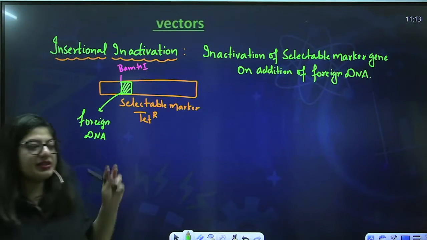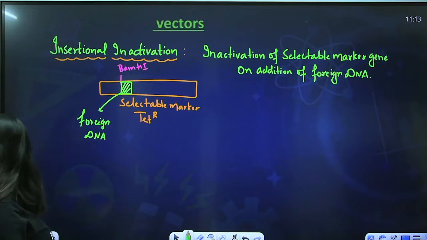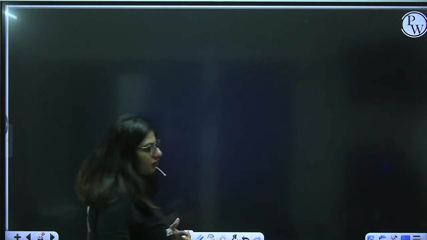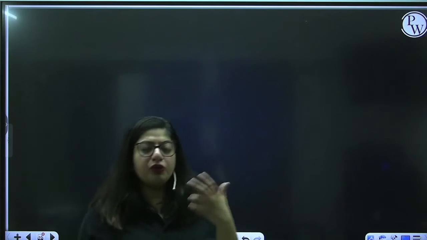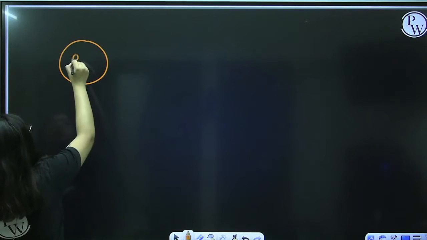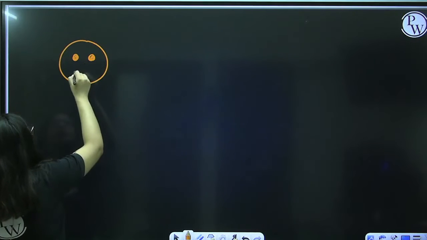Okay, so let's elaborate on this one. How do we do bacterial culture and how do we grow these colonies? Imagine this is a plate where your bacterial colonies are growing.